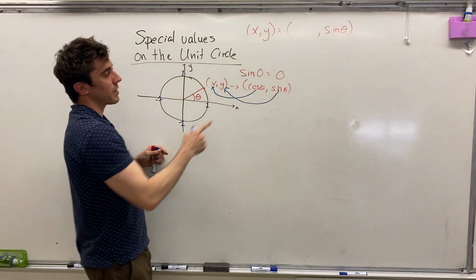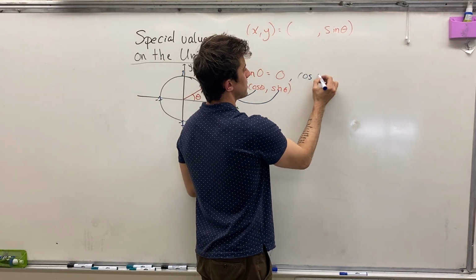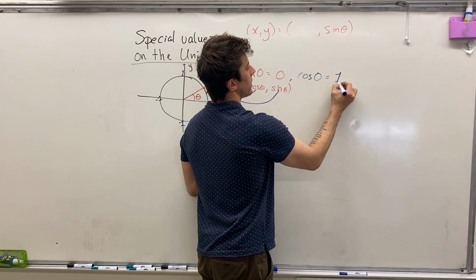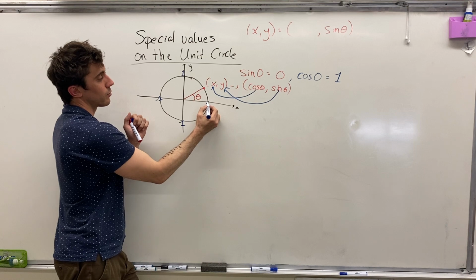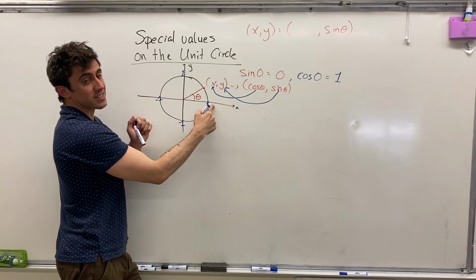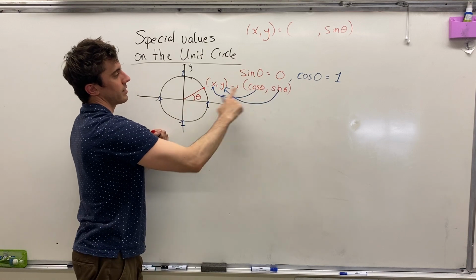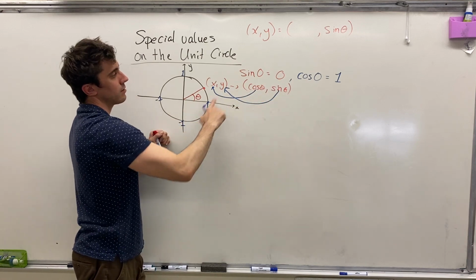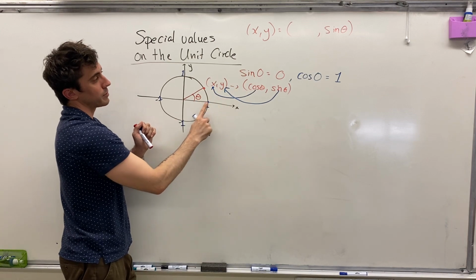So the first one is we have sine of 0 is equal to 0 and cos of 0 is equal to 1, okay? That makes sense because at 0 degrees, we're right smack dab on the positive x-axis. The y coordinate of this point would be 0. Y is sine theta, y is 0, sine theta is 0. And similarly, cos theta is x, so the x coordinate here would be 1.